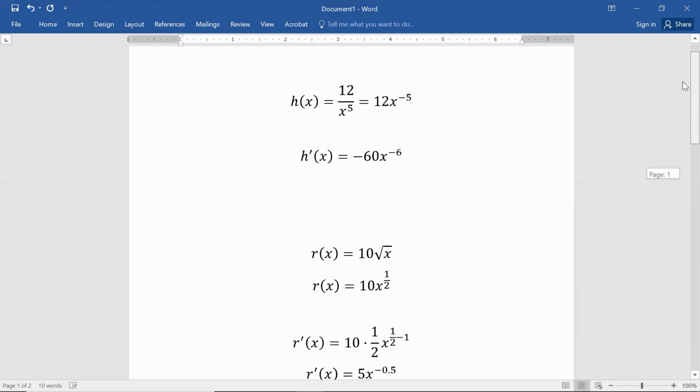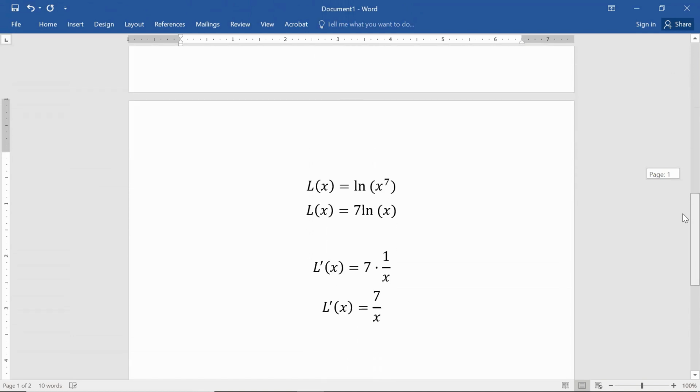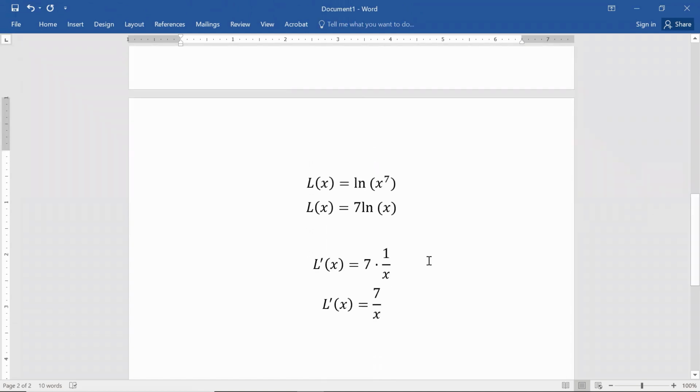You can see here, though, how nice understanding some of your algebraic rules is. Understanding exponent rules with roots and negative powers, and then understanding how to manipulate natural log functions.